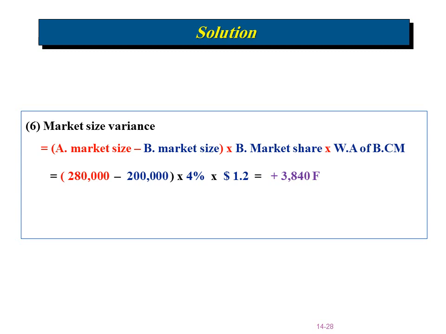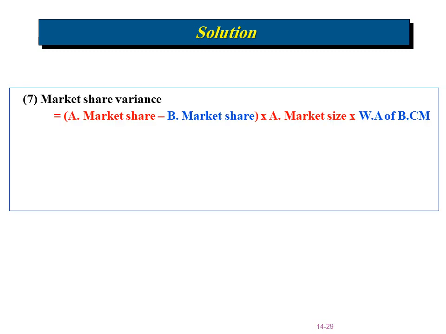The last variance, yes, it's the market share variance. We need actual market share. I don't have actual market share, so I have to calculate it, but already I have from the previous variance the budget market share, and I have actual market size, and I calculated the weighted average of budget contribution margin.